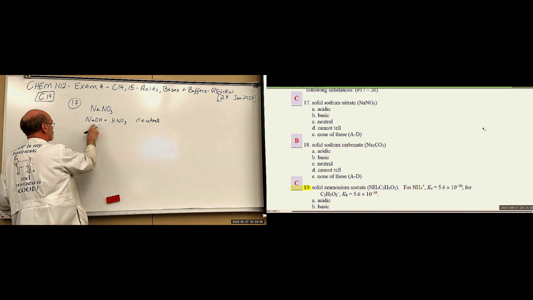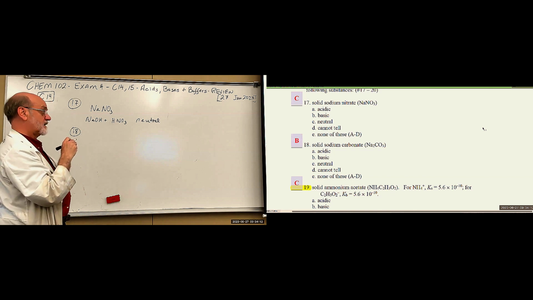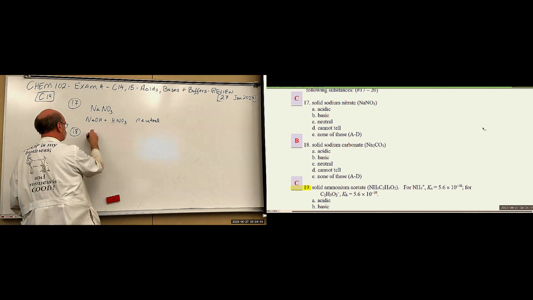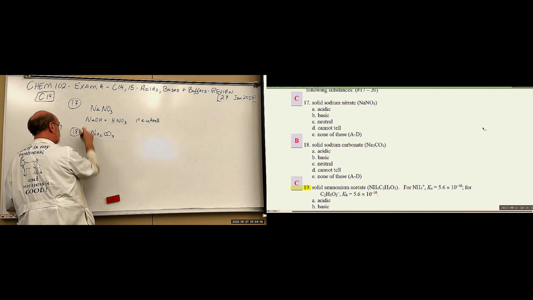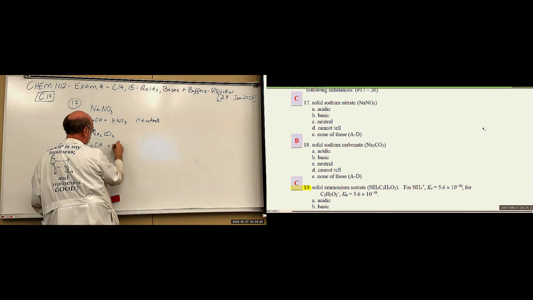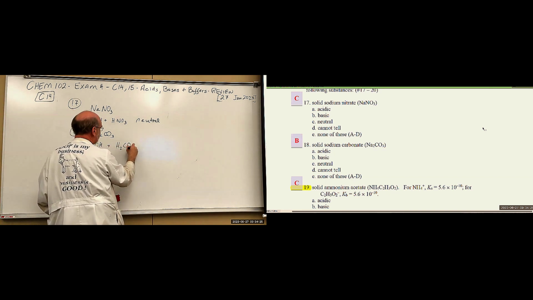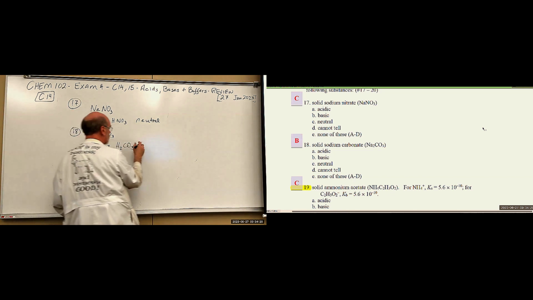Strong acid, strong base. Sodium carbonate. Right, this would be derived from sodium hydroxide and carbonic acid. This is a weak acid, that's a strong base, so this would be basic.